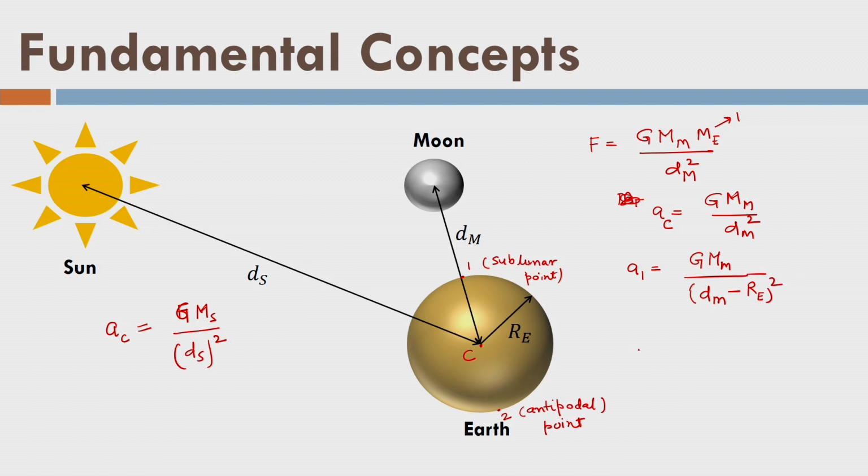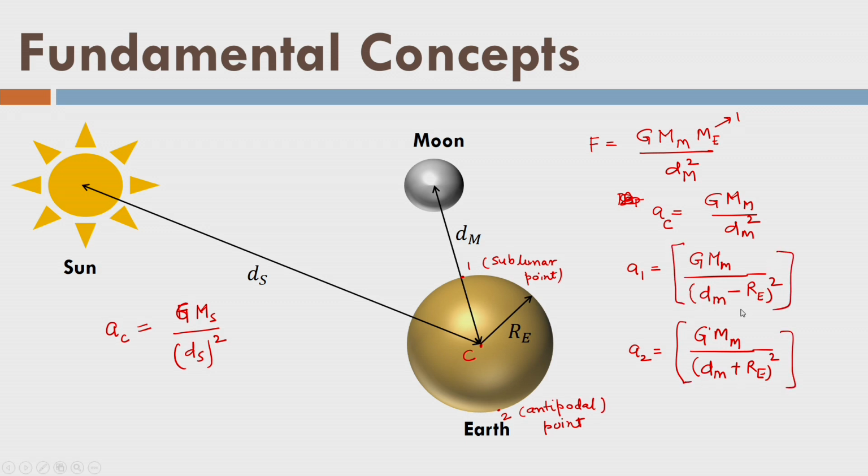I hope you agree with that. And similarly, I can write here A2 is equal to G Mm divided by (dm plus RE) square. I hope you agree with these two formulas at least.